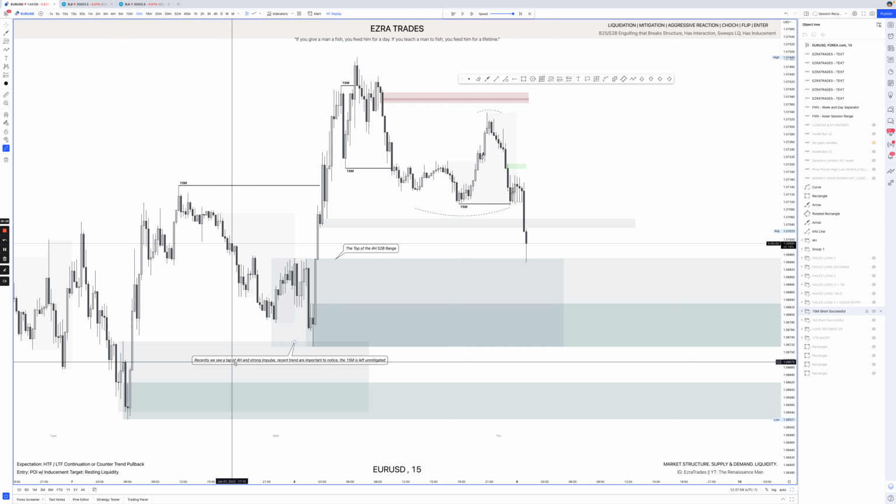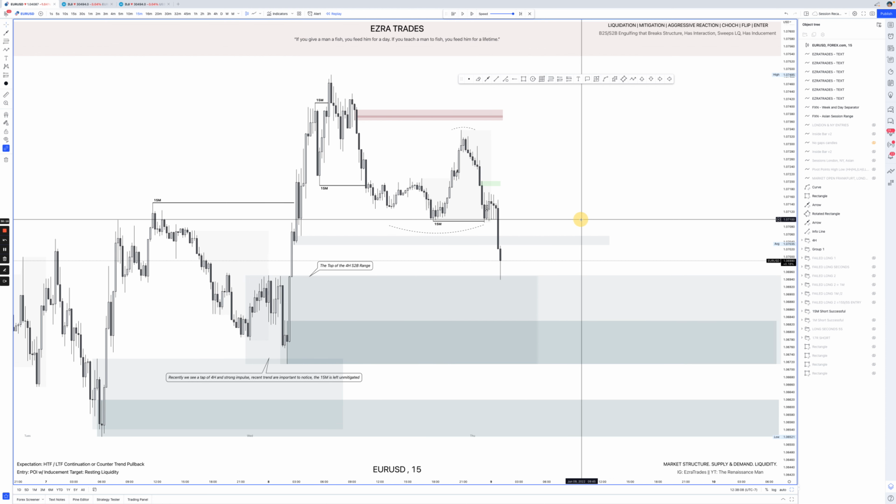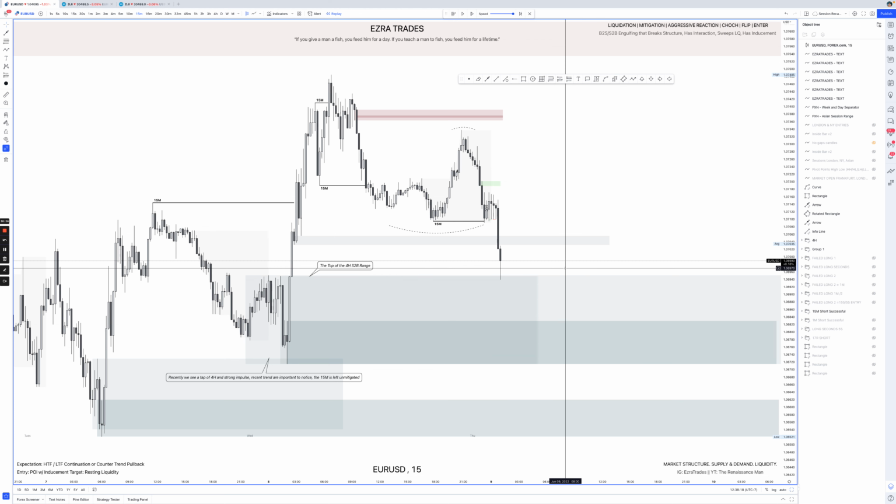So recently we see a tap of the 4-hour and a strong impulse. Recent trends are important to notice. The 15-minute is left unmitigated. I like to say that I don't like to hold shorts that are based on 15-minute structure in a 4-hour demand. Same thing, I don't want to hold 15-minute buys in a 4-hour supply.